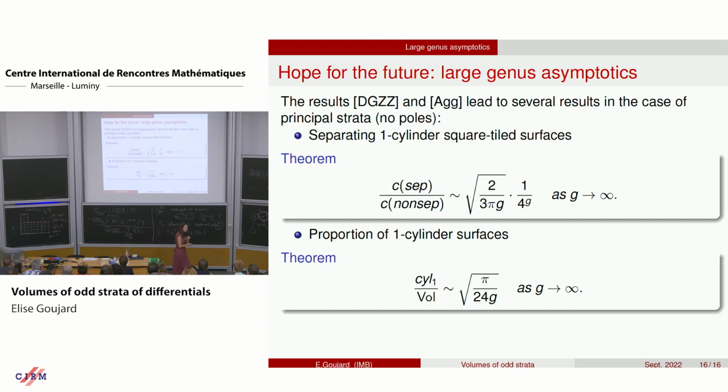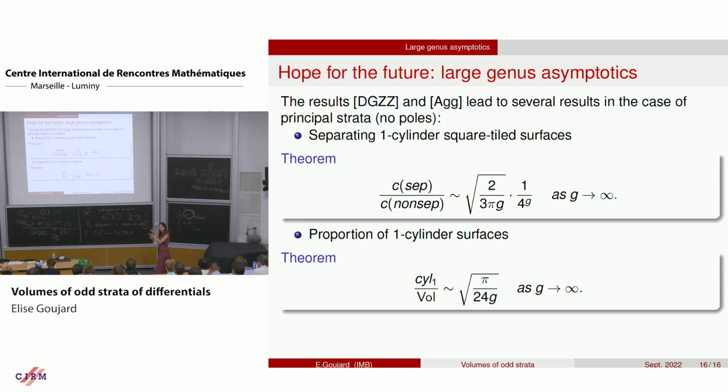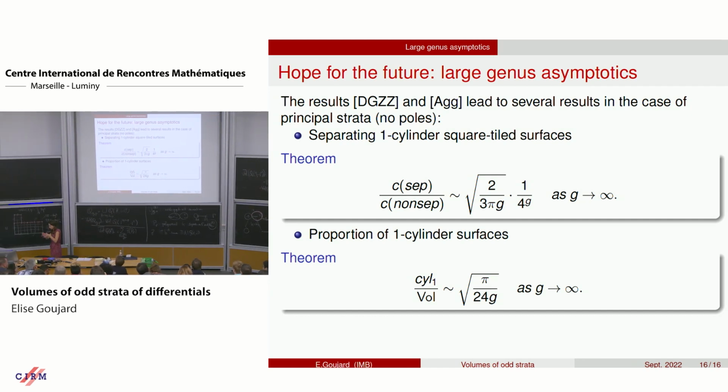Because this formula separates the contribution of surfaces that have one cylinder, surfaces that have two cylinders, etc. So you can analyze in detail the contribution of these different kinds of surfaces.